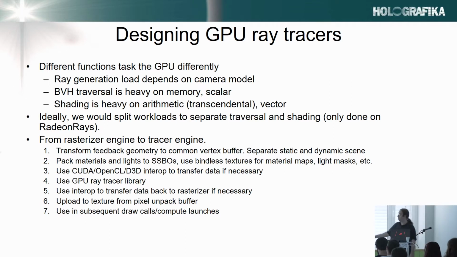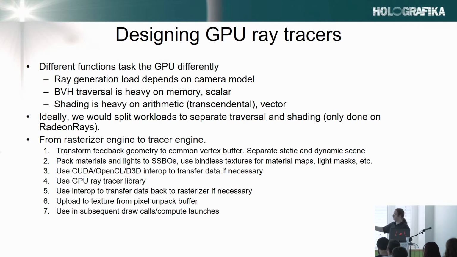If you want to go from a rasterizer engine to a tracer engine, what's the current workflow? You have to transform feedback your geometry to a common buffer. You have to separate static and dynamic. Pack materials and lights to SSBOs, or some kind of unordered access view on D3D. Use bound structures for materials, light masks, and so on and so forth.